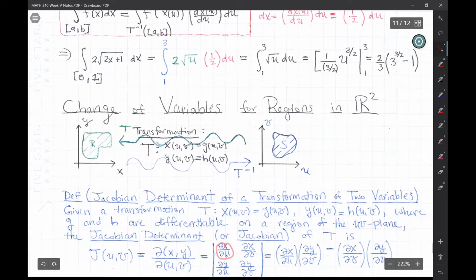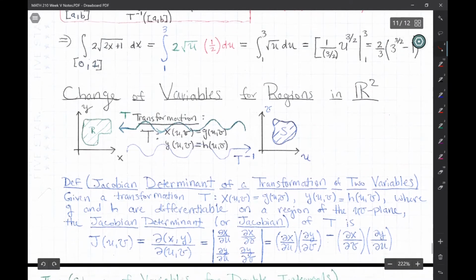If we have an expression for x in terms of u and v, then this here would be the partial derivative of that expression with respect to u. This here would be the partial derivative of that expression with respect to v. Likewise, if we have y in terms of u and v, so we have some expression h of u and v, this would, for example, be the partial derivative of that expression with respect to v, and we could write all of this out.